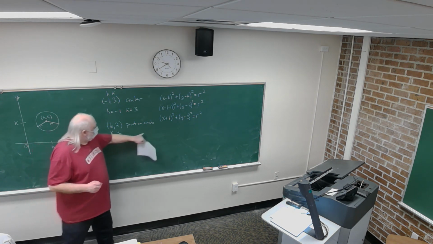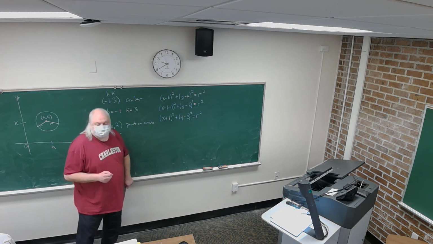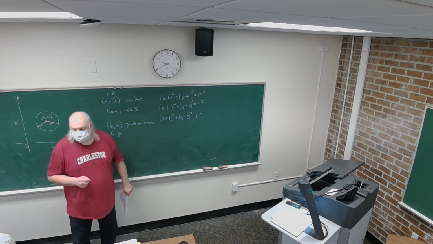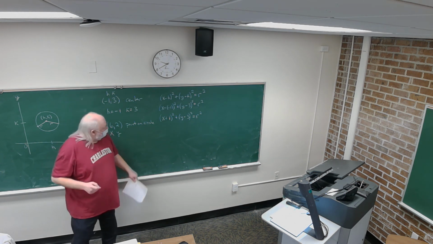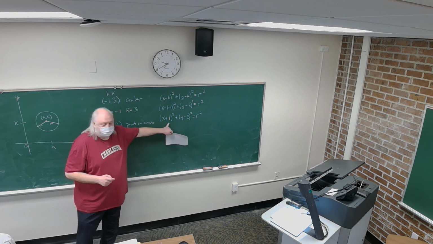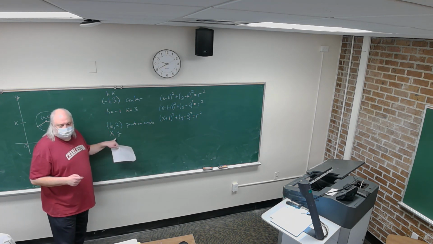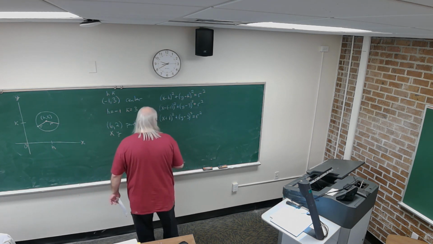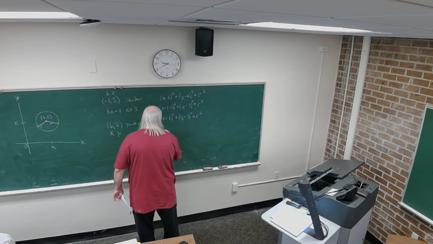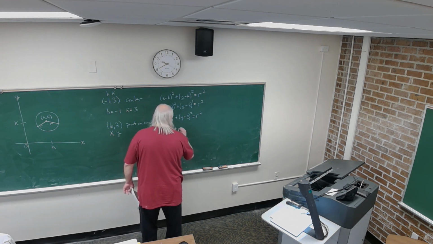So we can put 6 in for x, 2 in for y, and solve for r squared. You get the value of r squared, the value of the radius. Okay? Because this point has to satisfy this equation. Okay? Because this point is on the graph of this circle. So we put 6 in for x, 2 in for y.